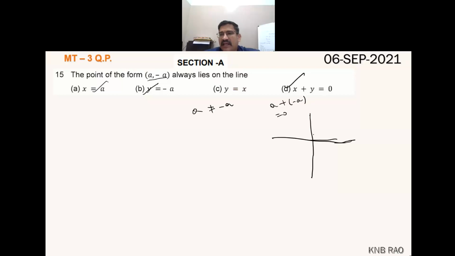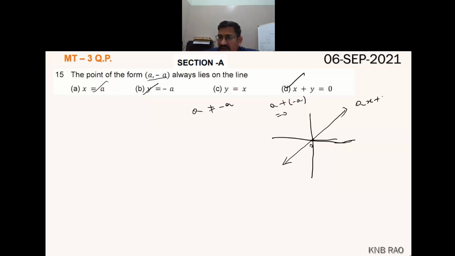Remember, if you take a line passing through the origin, it will definitely have its constant term as 0 in its linear equation.